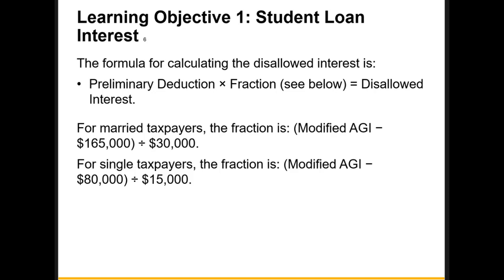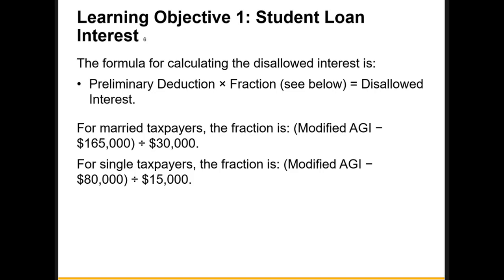So how do you calculate how much you actually get or is disallowed? One way to look at it is just take your modified AGI over the threshold. So if it's under $165,000, you don't have to worry about it if you're filing jointly. But if it's over $165,000 but under $195,000, then you take your amount, subtract the $165,000, divided by $30,000, and that's the portion you can't use. So the rest you can.